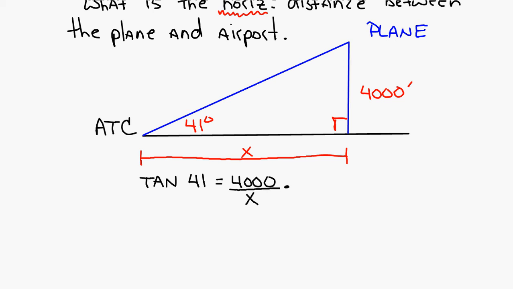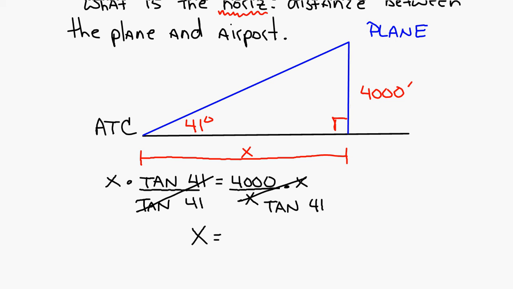So now you can multiply both sides by x. The x's will cancel, and then divide by tan 41. And your x, or your horizontal distance, is going to be equal to 4,000 divided by tan 41, 4,601 feet.